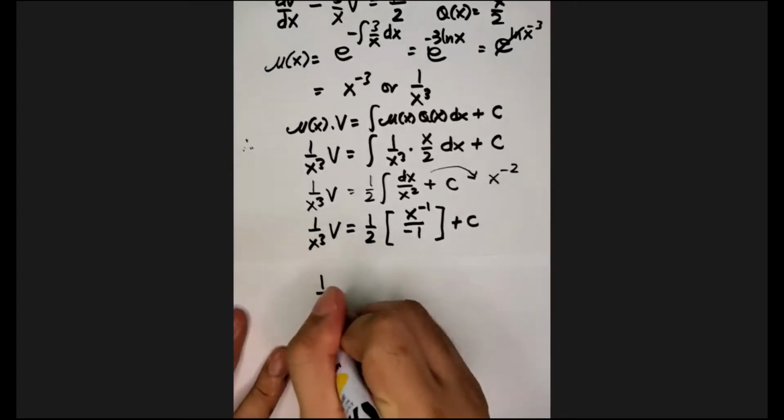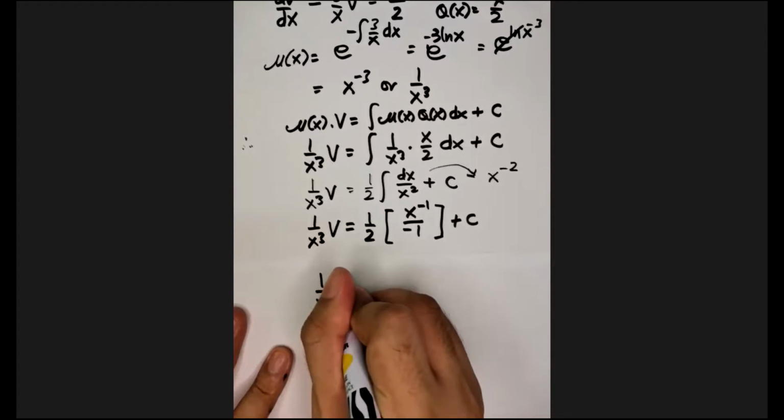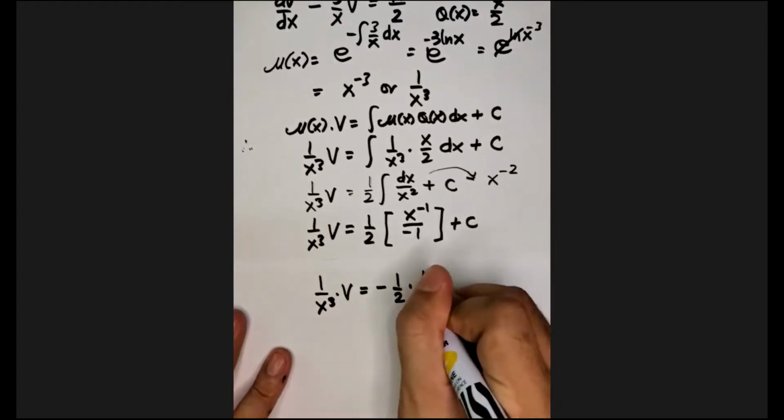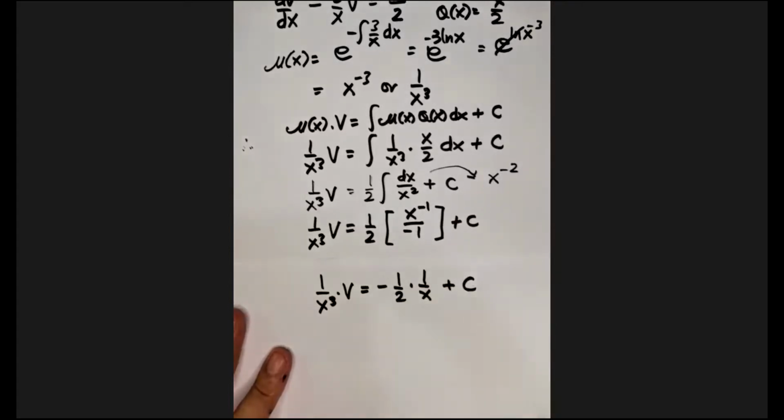Ayan. So we'll have, therefore, 1 over x cubed times v is equal to negative 1/2 times 1 over x plus c.